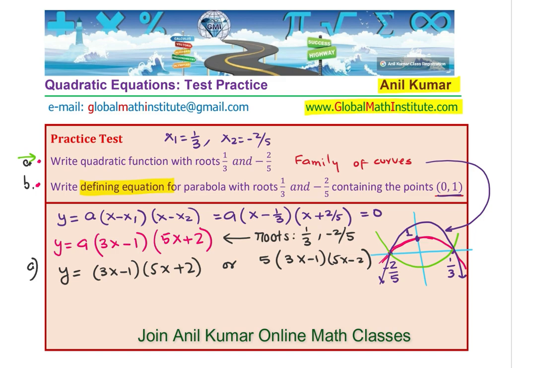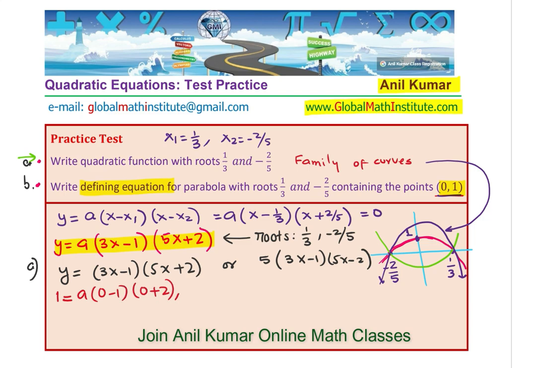In part B, we are saying that it goes through point 0, 1. So when the equation goes through point 0, 1, we look into the original equation and substitute x equals 0 and y equals 1. If I do that, then we get 1 equals a times 0 minus 1 times 0 plus 2.